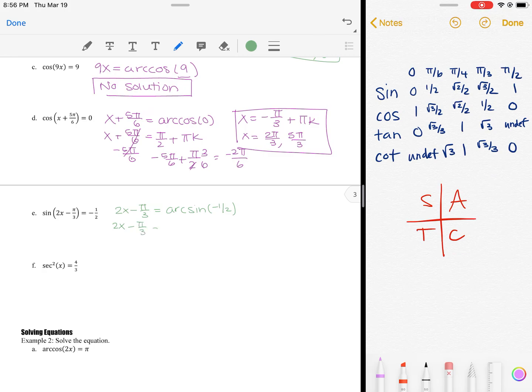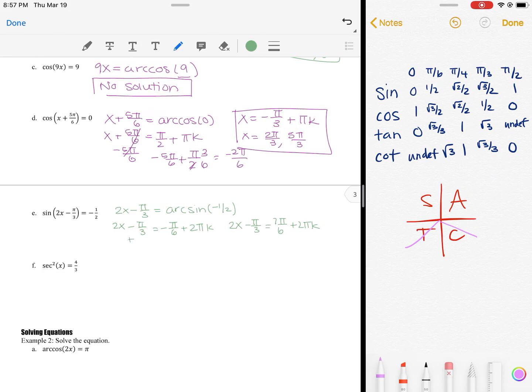We're going to have 2x minus pi thirds equals, if we think about a half, that's pi 6. In the 4th quadrant, I'm going to call that negative pi 6 plus 2 pi k. And in the 3rd quadrant, that's 1/6 more than pi. So 2x minus pi thirds equals 7 pi 6 plus 2 pi k.